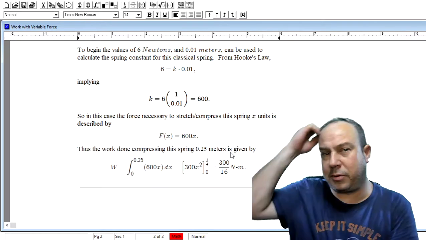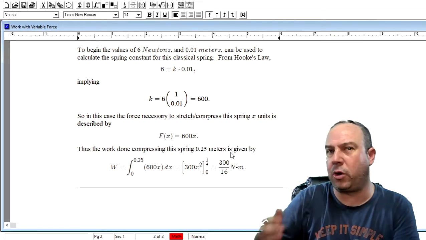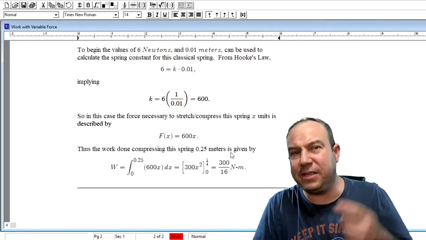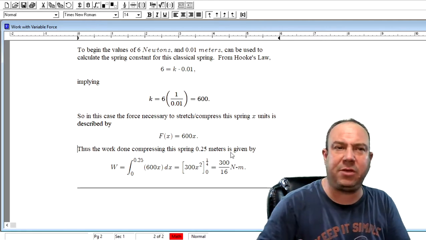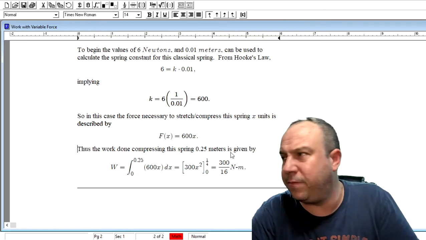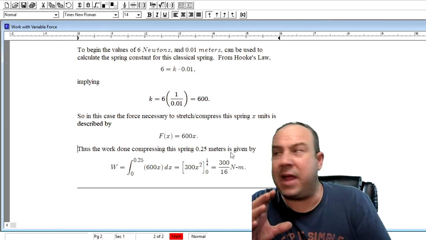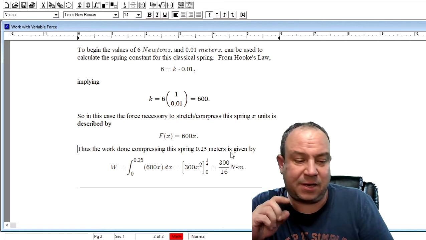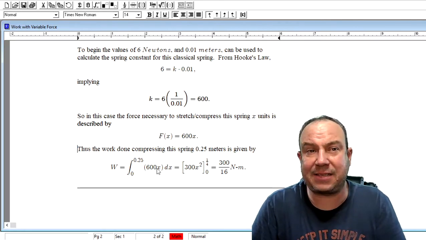And the work done compressing the spring 0.25 meters is given by this calculation here. Work is going to equal the integral from 0 to 0.25 with an integrand of 600x, all integrated with respect to x.